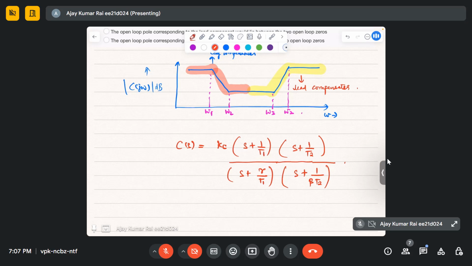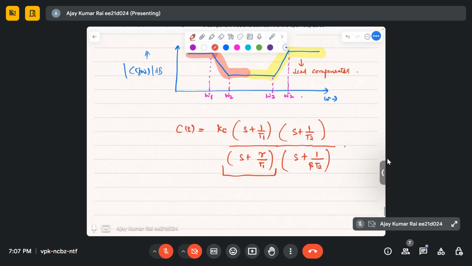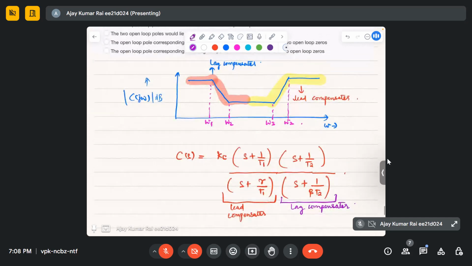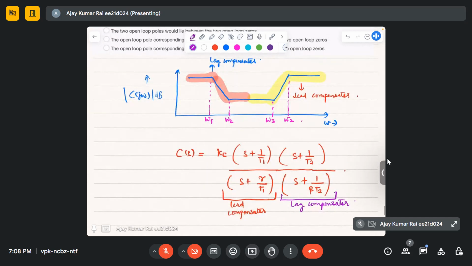So what we have studied, this was the lead compensator and the other part was lag compensator. T1 and gamma are related to lead, and T2 and beta are related to lag. You have correctly pointed out that the first portion is lag compensator, so T2 and beta.